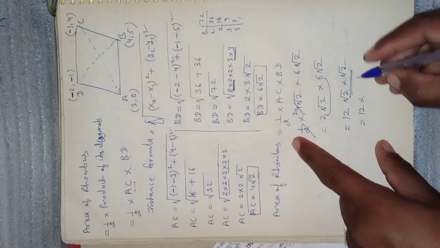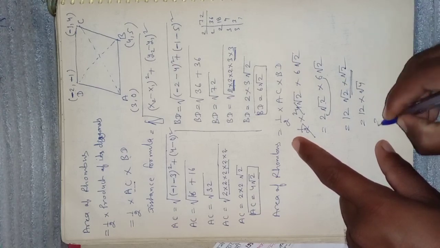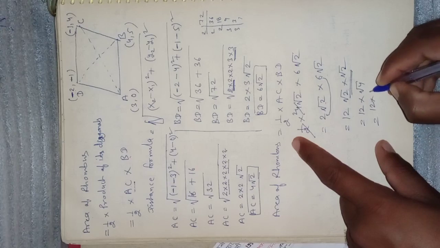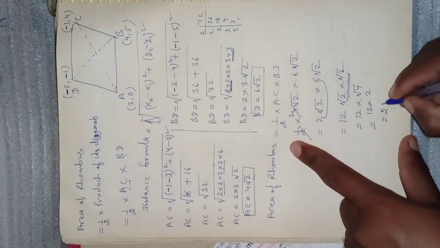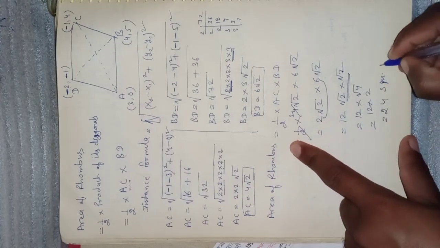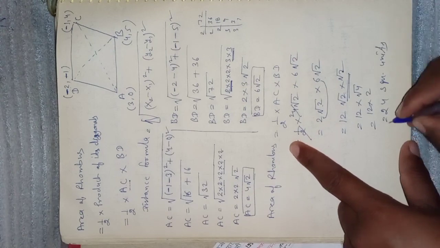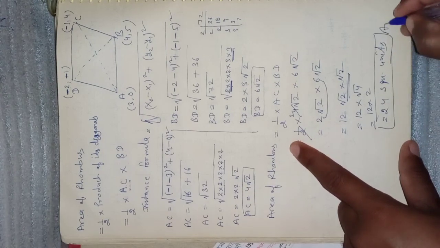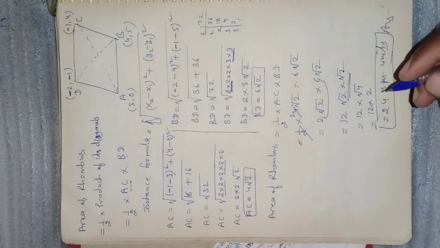Square root of 4 is 2. 12 into 2 is 24 square units. This is the area of rhombus ABCD, our answer. 7.2 is complete.